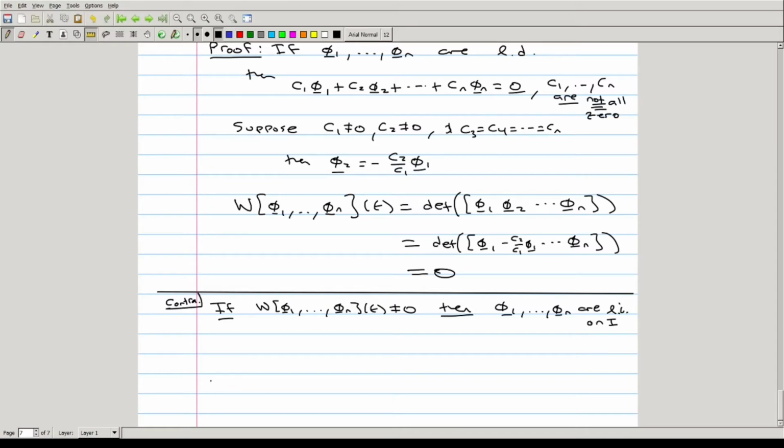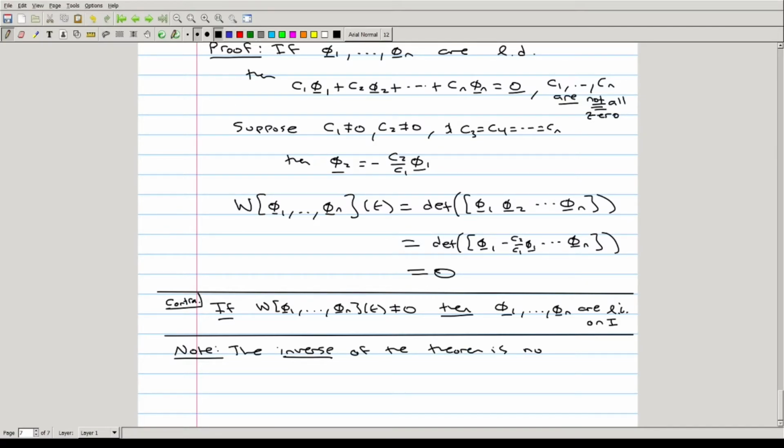Now I want to note here that the inverse of this theorem is not true.